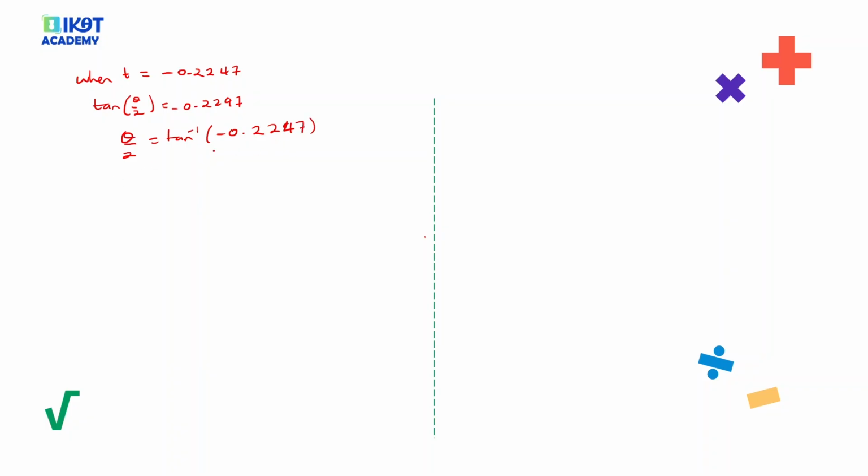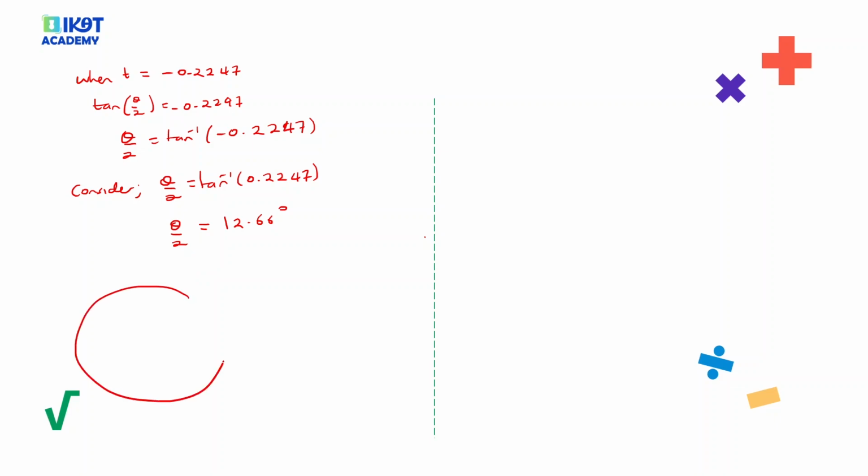But remember, we said every time we have a negative, we first consider the positive, because putting the negative into the calculator is not going to give us the answer we want. So we have this, and theta out of 2, when you get it from our calculator, is going to be 12.66 degrees.